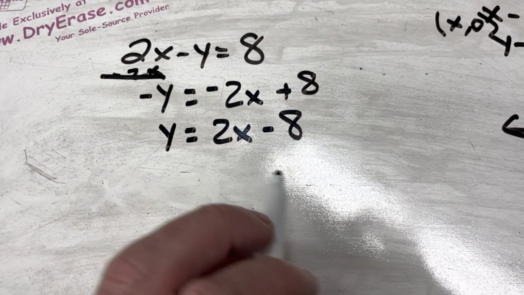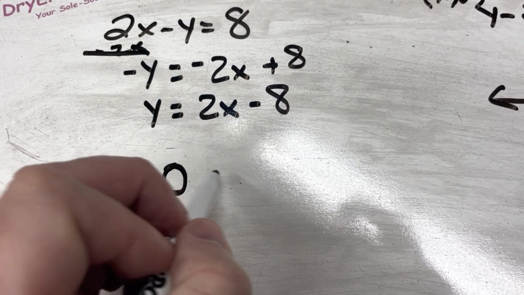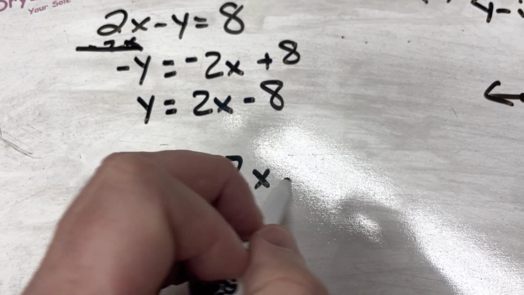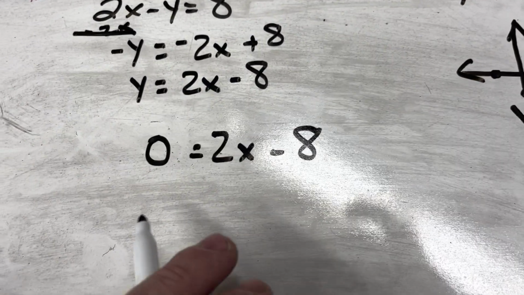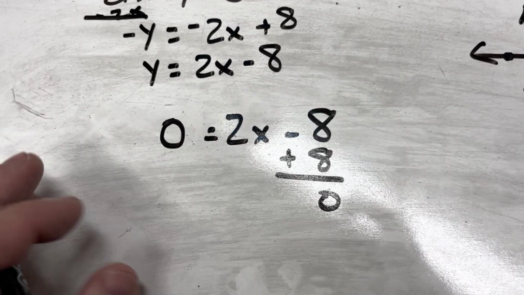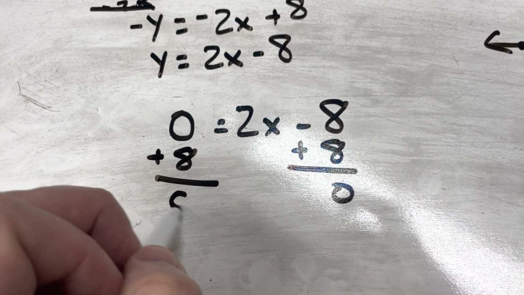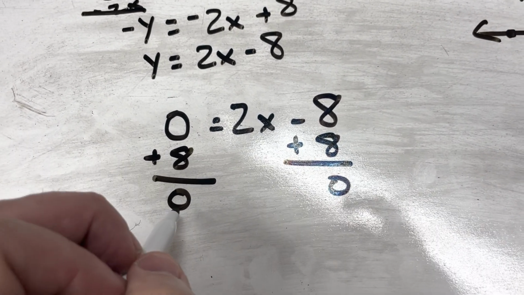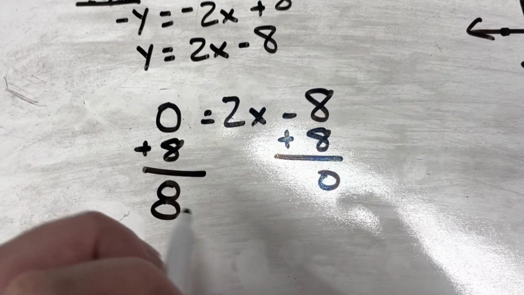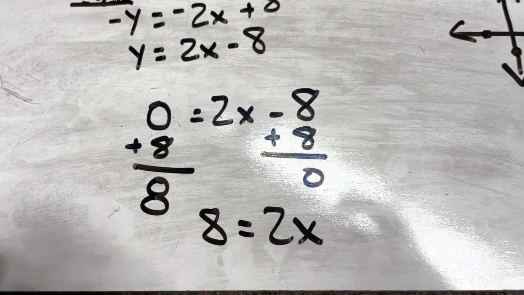So first thing I'm going to do is figure out the x-intercept by making y 0. So it's going to be 0 equals 2x minus 8, which means if I add 8 to both sides, I'm trying to isolate x. I add 8 there. I get 8, sorry, and that leaves me with 8 equals 2x.